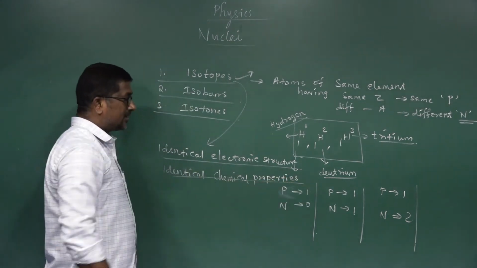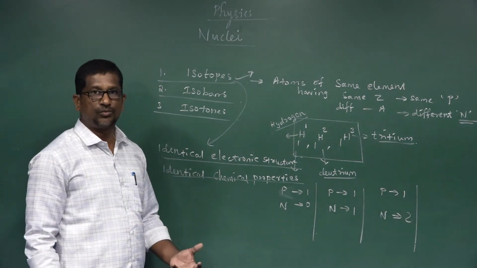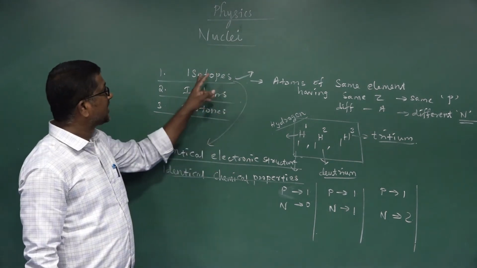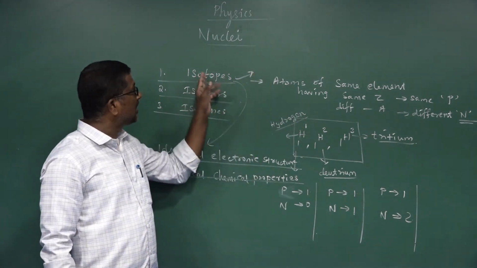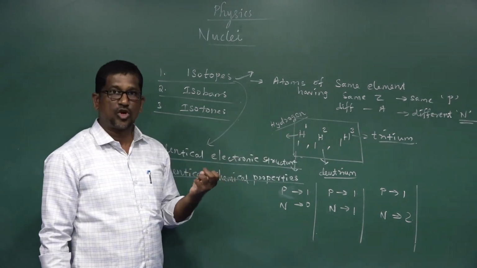We know that the chemical properties of an element are determined only by electrons. So in the case of isotopes of hydrogen, the electron number is the same.